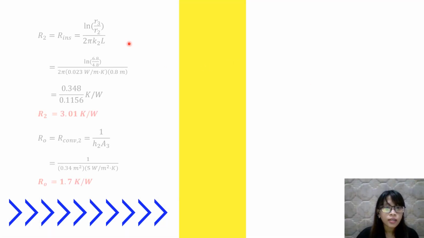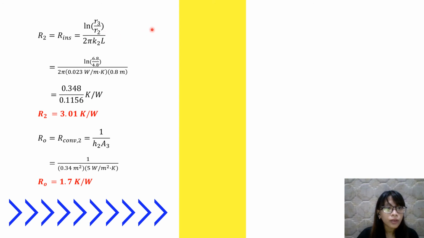Next is the formula for R2, the insulator resistance, which is ln(R3/R2) over 2 pi k2 L. We plug in the parameters, and we got R2, the insulator, is 3.01 Kelvin per watt.